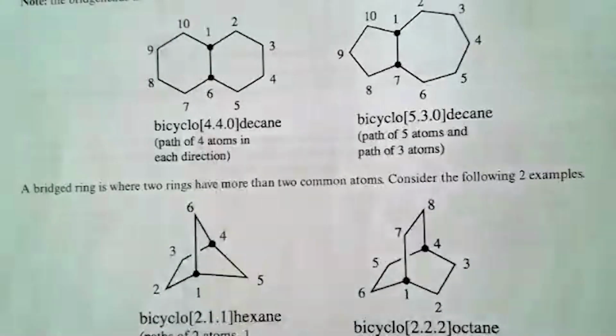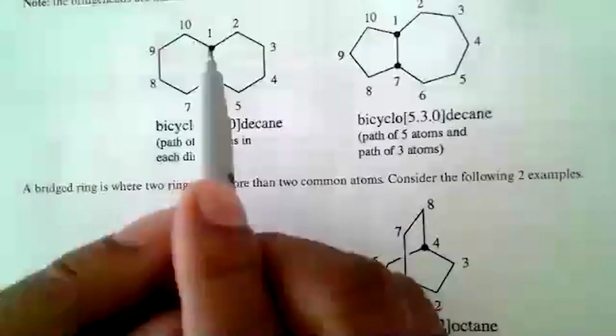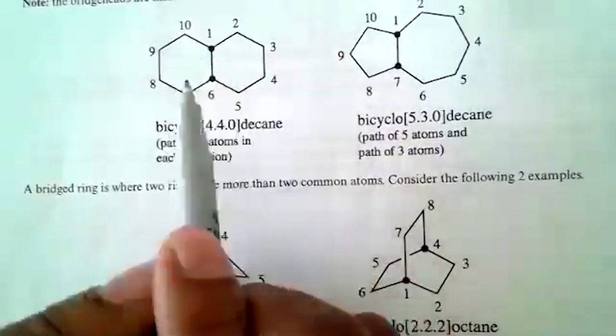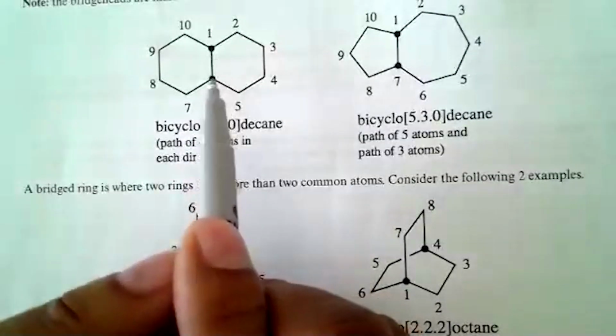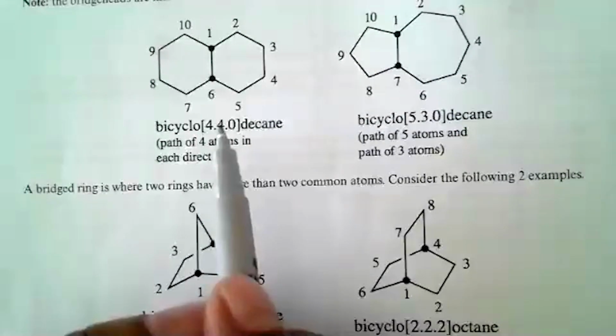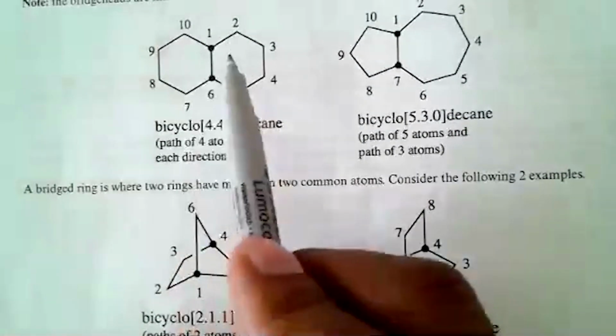Now, the numbers in brackets. The numbers in brackets are telling you, first of all, you identify which carbons are being shared between the 2 cyclic components. So that's the black dots. And the numbers in brackets are telling you how many carbons to get to the other one. Because there's 3 paths to get to the other carbon.